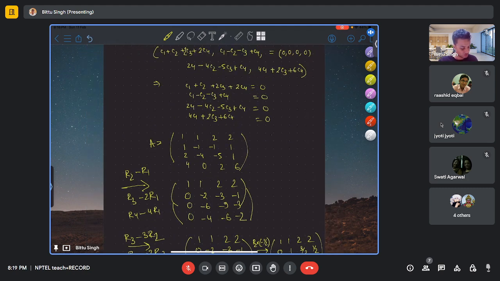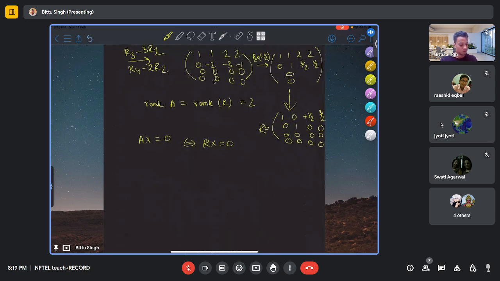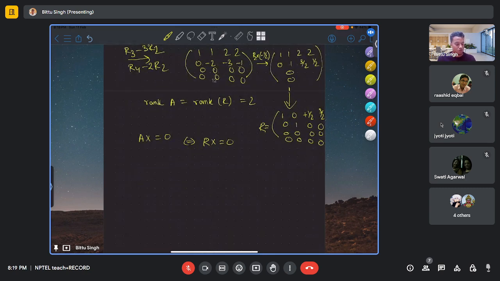So here x is C1, C2, C3, C4. Now what is the meaning of Rx equal to 0? Then this is same as C1 plus C3 by 2 plus 3C4 by 2, this is same as 0.